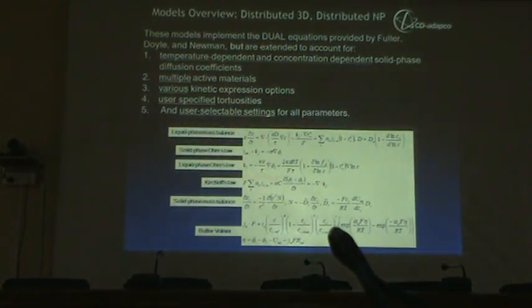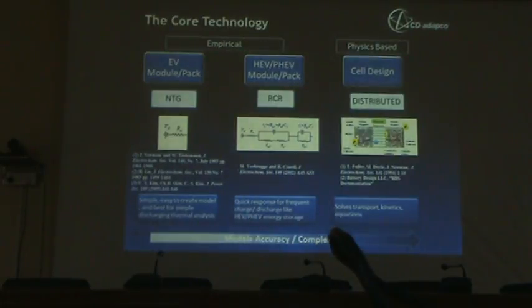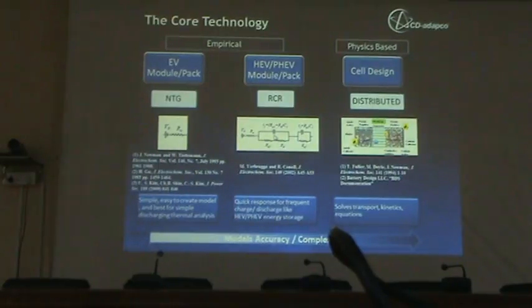The name is from Newman, a scientist's name. In RCR you can go and add n number of circuits. As you increase the number of circuits, it becomes more accurate.